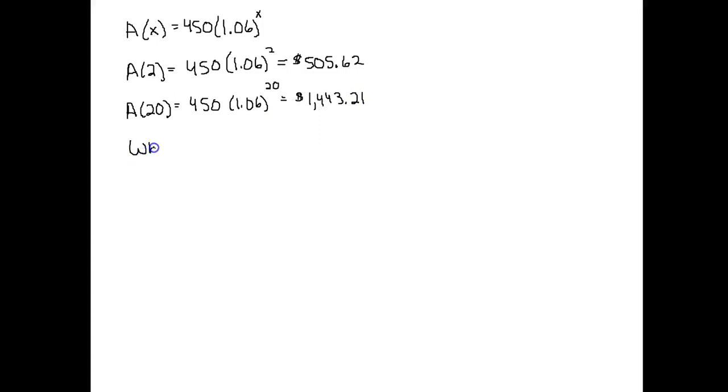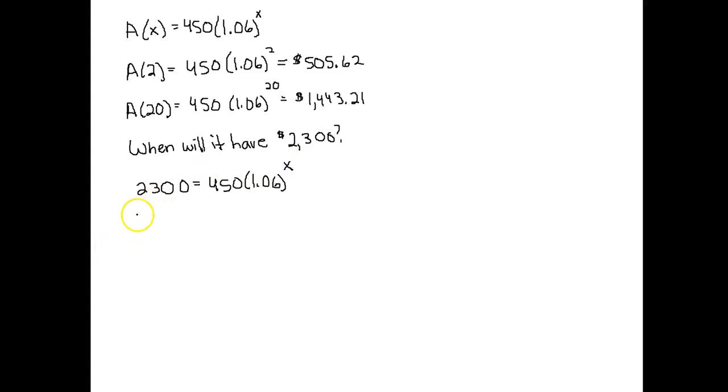And when will it have $2,300? Okay, so A of X is 2,300. That's going to be the future value, and now you're solving for X because you're trying to figure out the time. So divide both sides by 450.